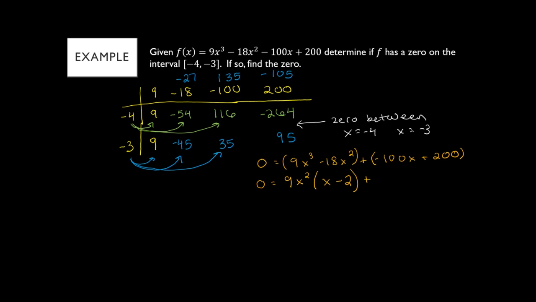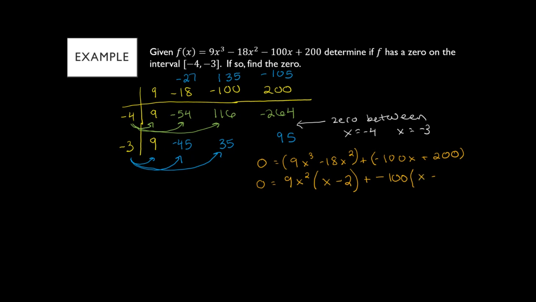Now I need to find the greatest common factor in the second grouping here. If the first number in that pair is negative, you're always going to factor out a negative. And then I can divide out 100 from both 100 and 200. And then because the 200 doesn't have an x, I can't remove an x. So I'm just literally dividing those by 100 when I'm factoring it out.